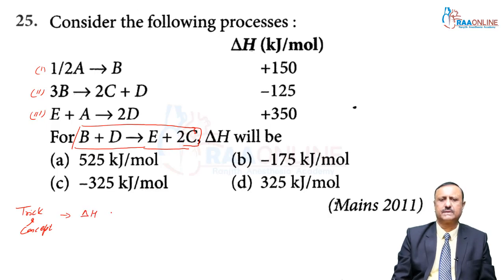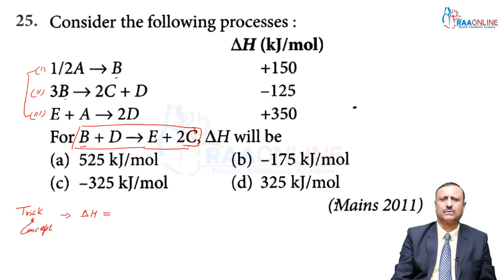My dear students, you can see here B is present in reactant. You can see these 3 equations. Here B is present in reactant, okay. But here 1B you can see, and here 3B you can see. Now, we can see here 3B, and in this, 1B is present.